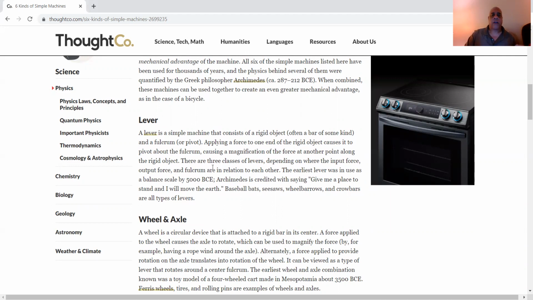Again, when it comes to levers, there are 3 classes of levers, depending on where the input force, output force, and the fulcrum are in relation to each other. When we talk about a lever, we're dealing with a fulcrum, like a seesaw.